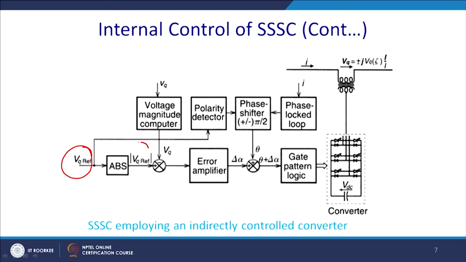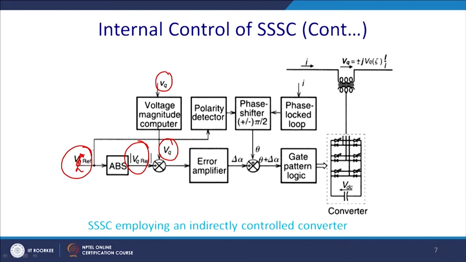So, you get a Vq ref, and you have the Vq, and from there you have sensors. So, a voltage magnitude computer measures the Vq. So, you can write capital Vq or Vq star, then it is subtracted from the actual Vq.